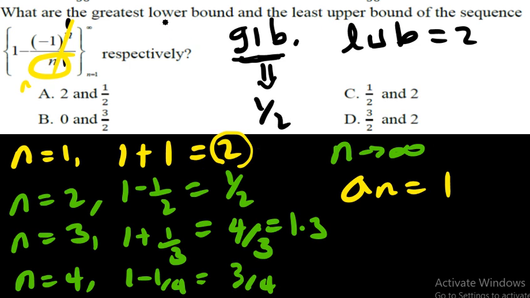So the greatest lower bound is 1 over 2, and the least upper bound will be 2. For this kind of question, take care, especially with greatest lower bound. When you say greatest, you have to think of the smallest one, and when it says least, as in least upper bound, you have to think of the opposite.